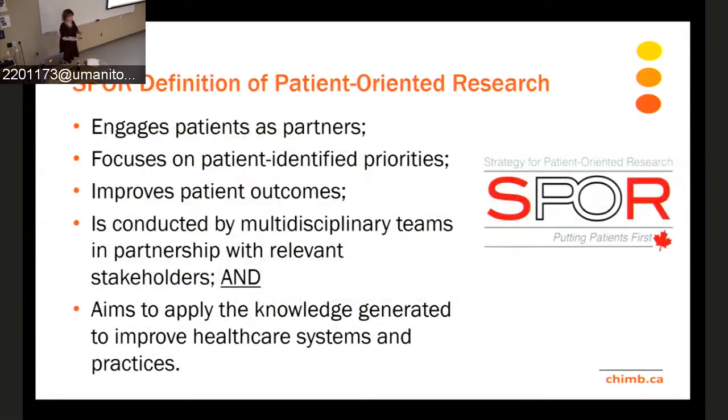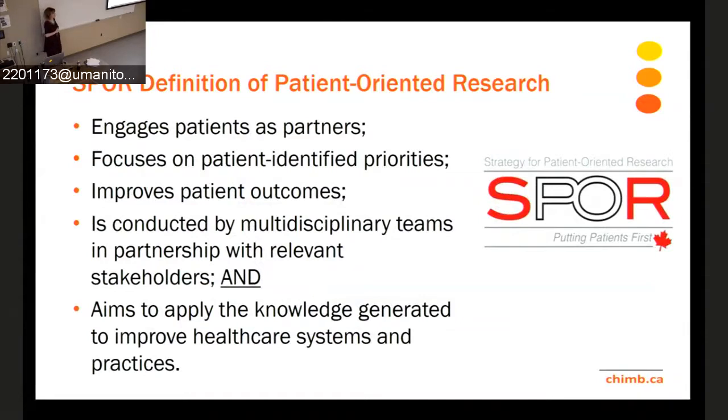So here in the current context in Canada, we have the Strategy for Patient-Oriented Research, and that's a national initiative. The Center for Healthcare Innovation here is actually the Manitoba support unit for the Strategy for Patient-Oriented Research. The Strategy for Patient-Oriented Research defines patient-oriented research as a continuum of research that has 5 elements.